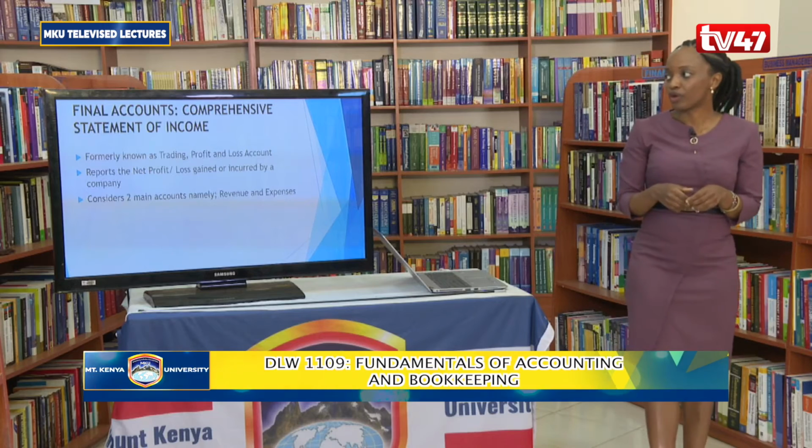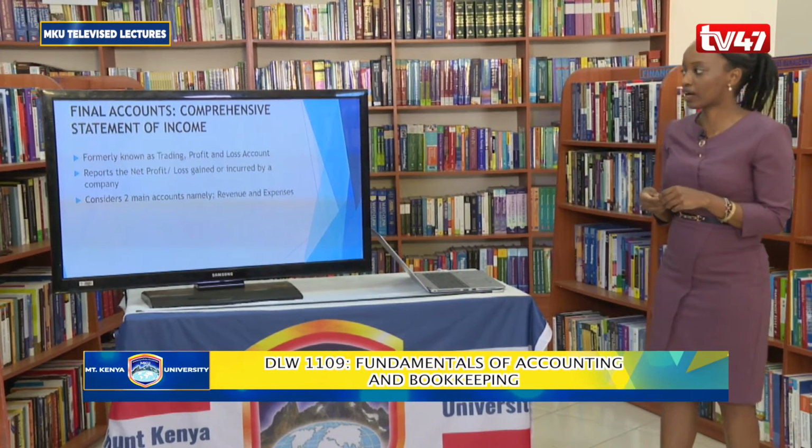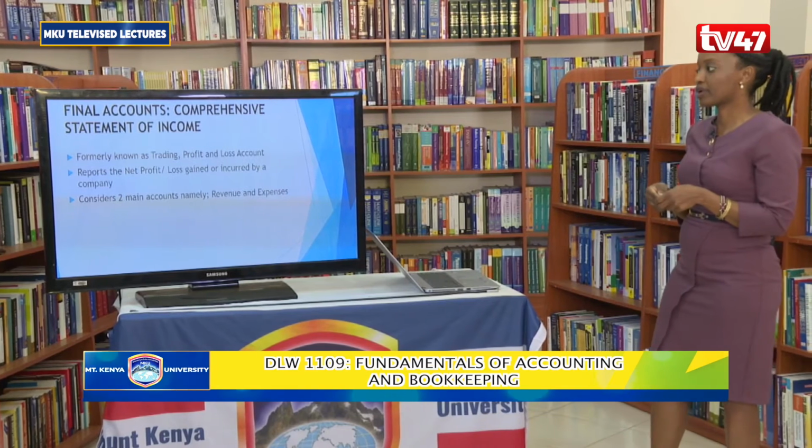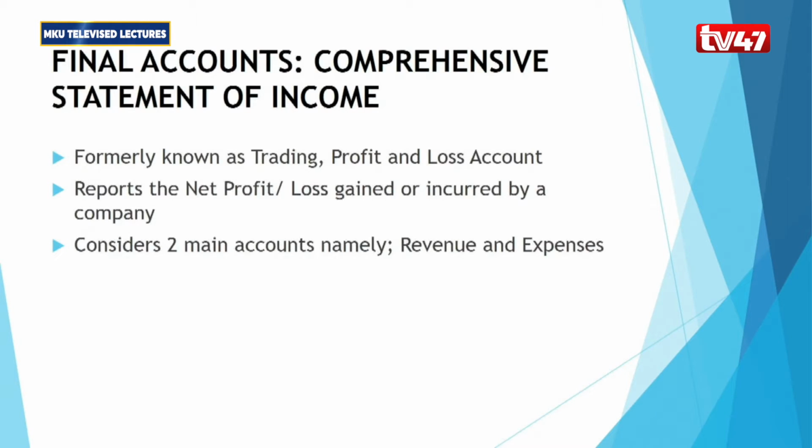Now, when are final accounts prepared? In practice, it's expected that at the end of every trading period or at the end of every financial year, a company should be in a position to report its financial performance, and changes in financial performance, at the end of the 12-month trading period.